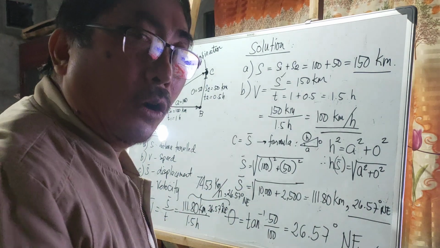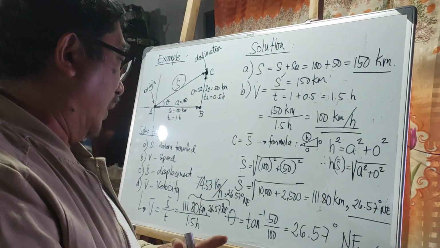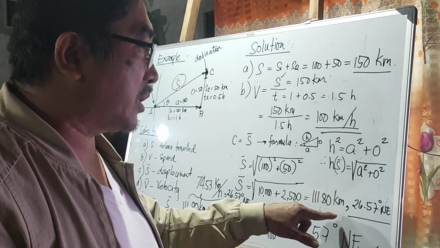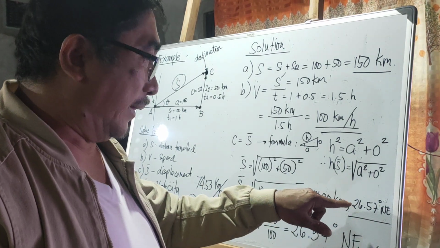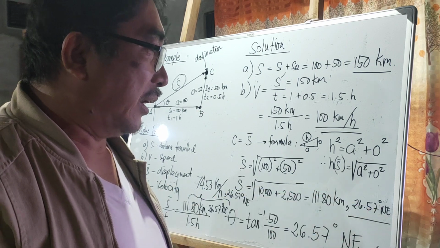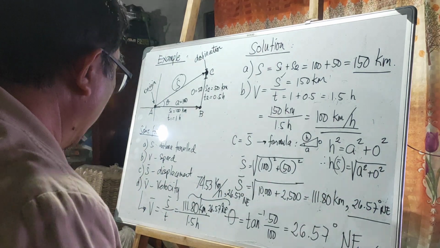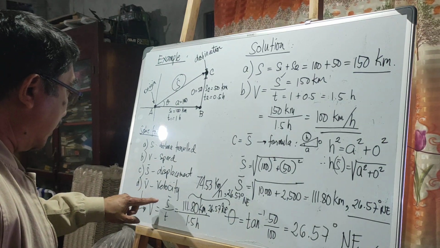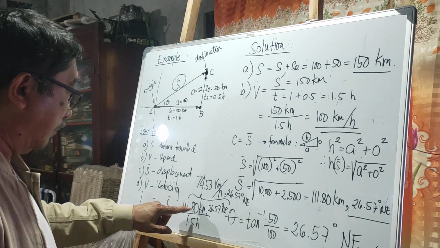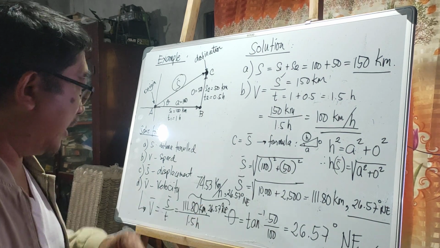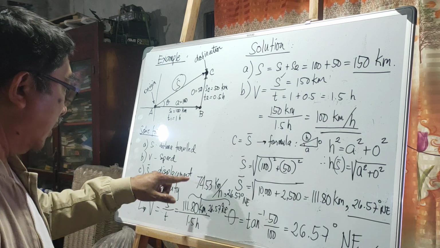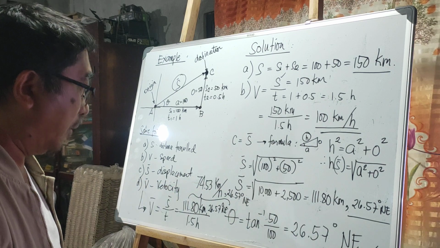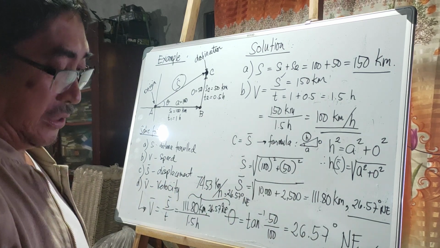That is why our displacement is 111.8 kilometers at a direction of 26.57 degrees north of east. And our velocity is displacement over time, so 111.8 divided by 1.5 hours, equivalent to 74.53 kilometers per hour, 26.57 degrees north of east.